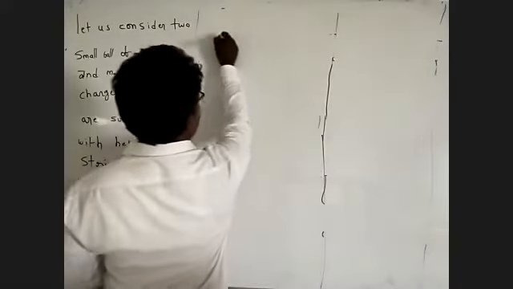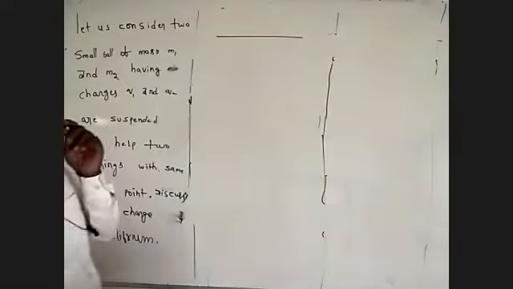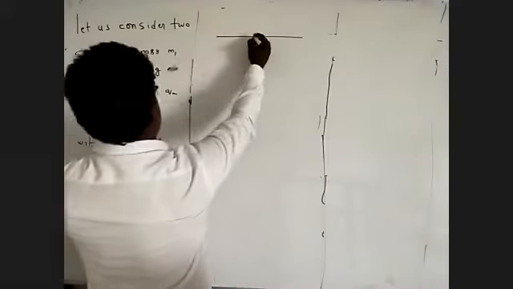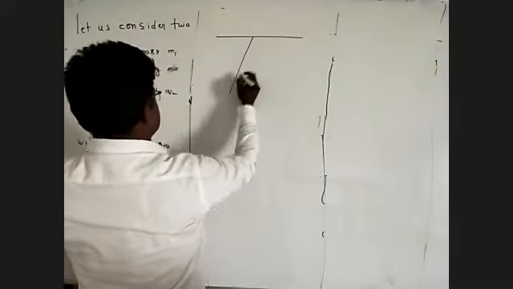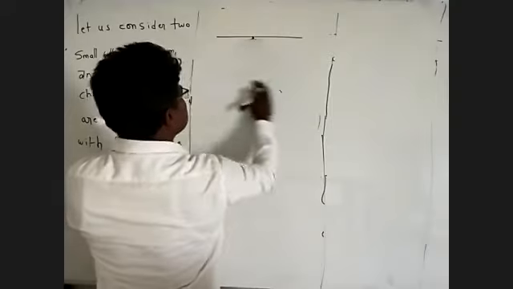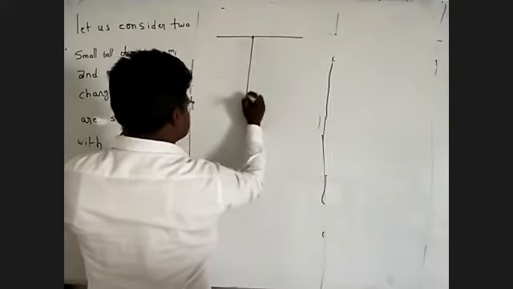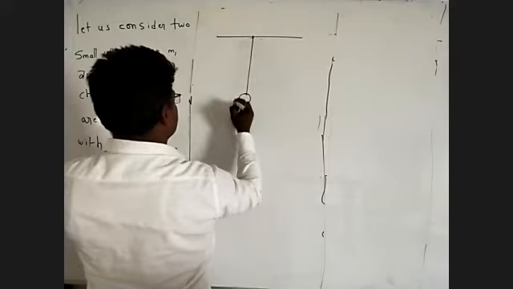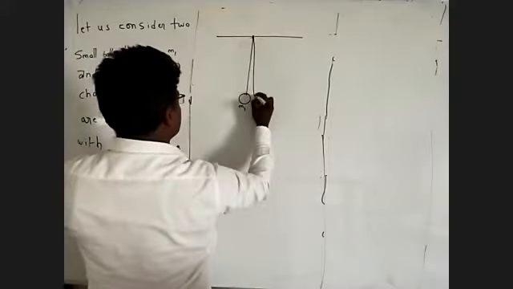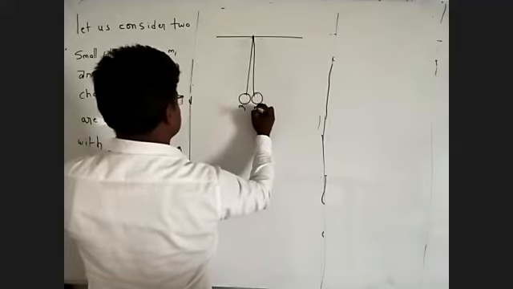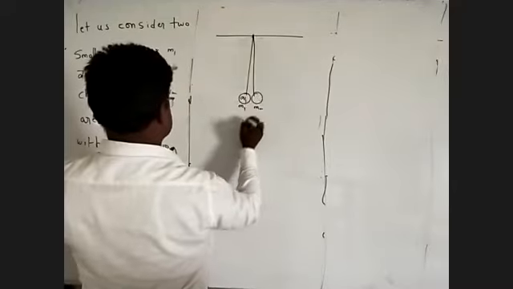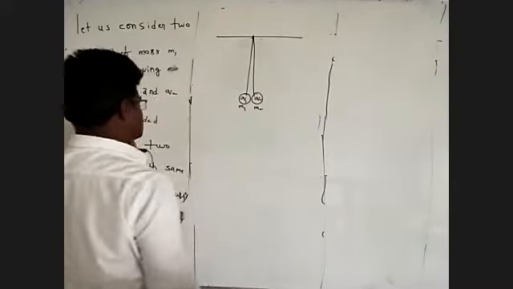Now this is a rigid support. I'm taking this as one string, and this as another string. This is string number one with bob of mass m1. This is another bob of mass m2. The first bob has charge q1, the second bob has charge q2.